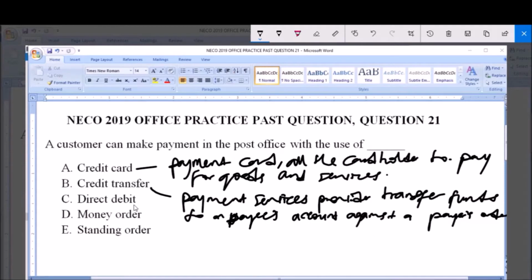Now see here, it says C, direct debit. Now direct debit is an instruction to your bank to allow someone else to take money from your account, usually as part of a regular arrangement.